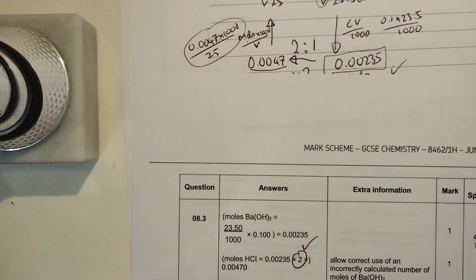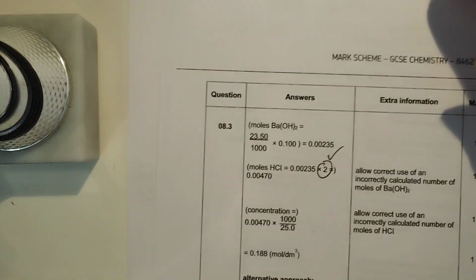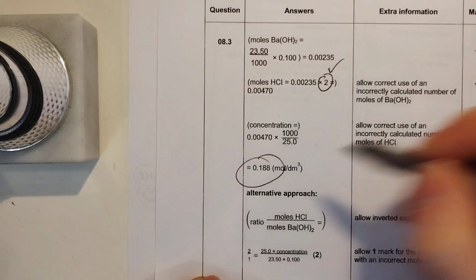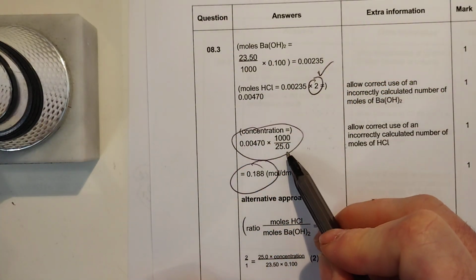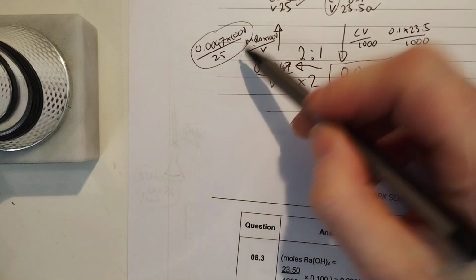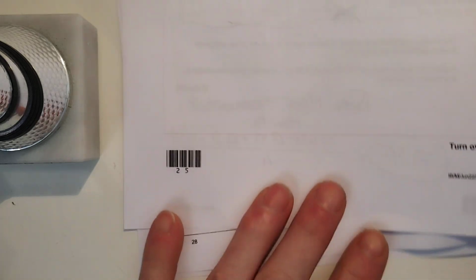Times that by 2 for your second mark. Answer 0.188. This sum has to be written in: moles times 1,000 divided by 25. Answer 0.1884. Easy marks.